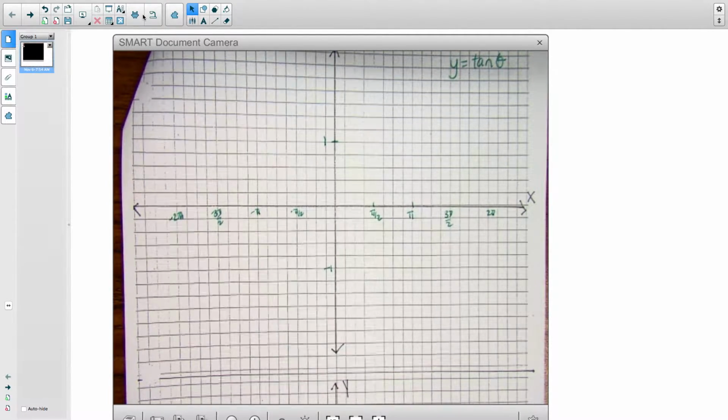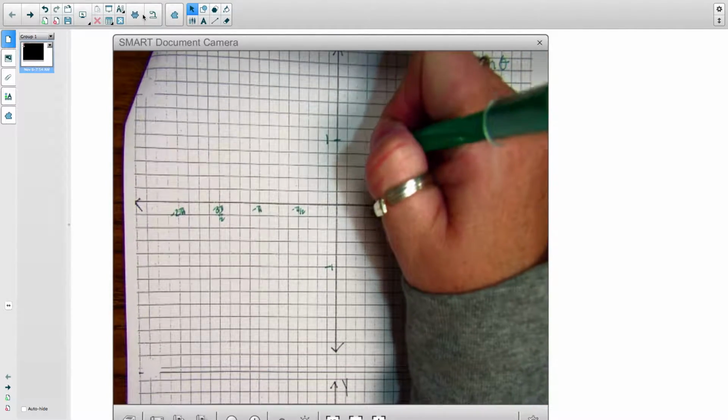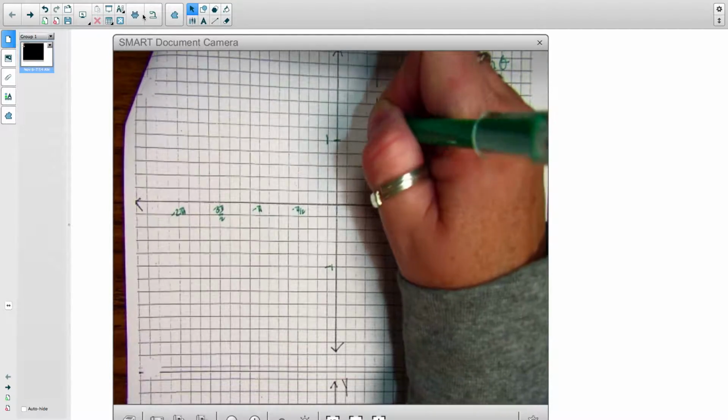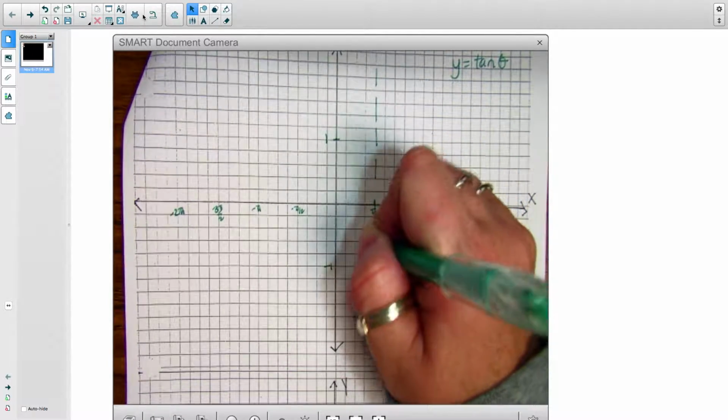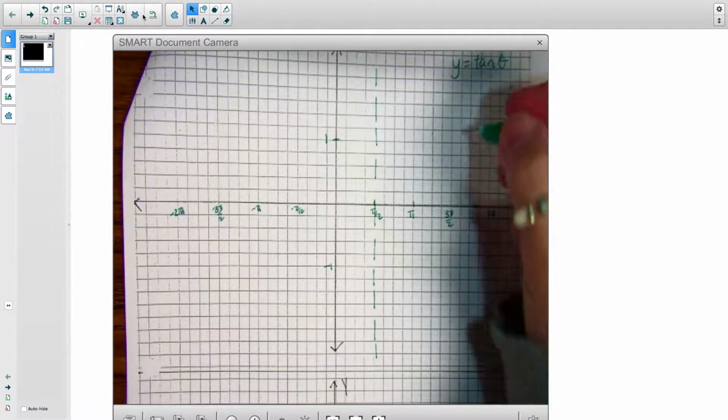All right, for tangent, where are your asymptotes? Pi over 2. Where else? 3 pi over 2.